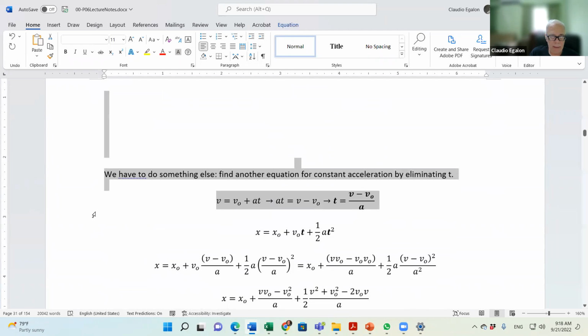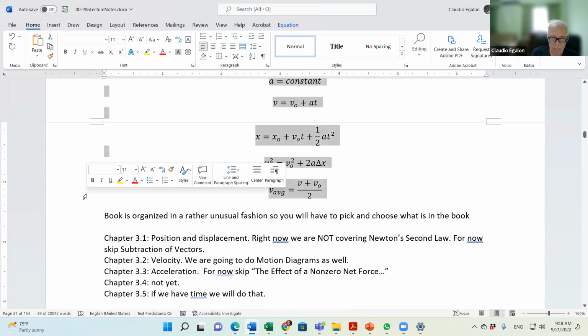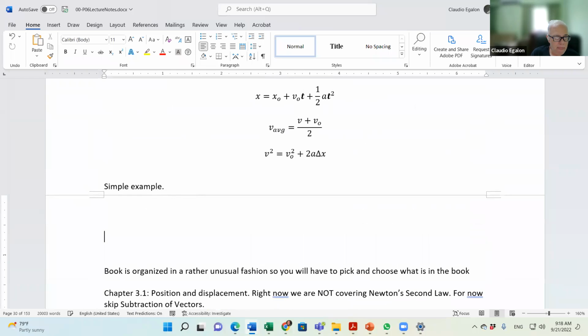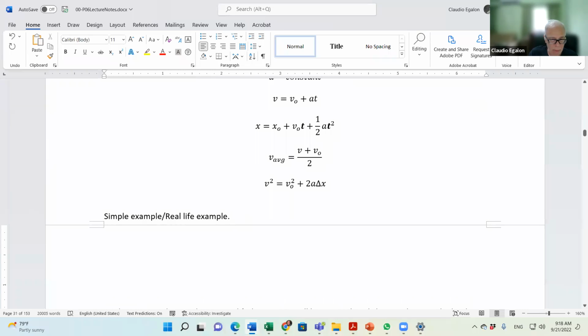I'm going to erase this thing that you don't need anymore. A simple example, a real life example, by the way. The real life example is the following.